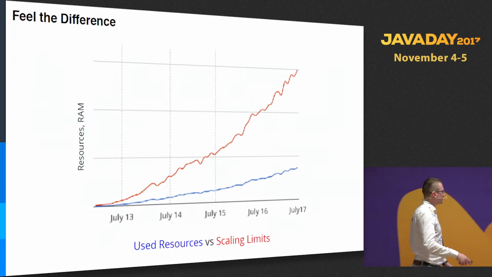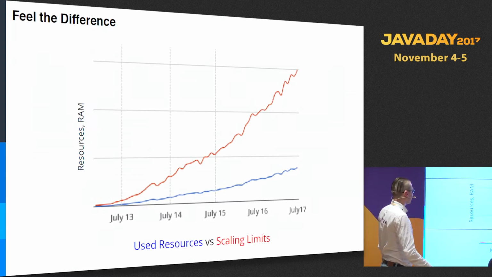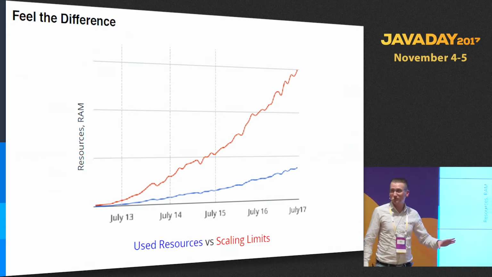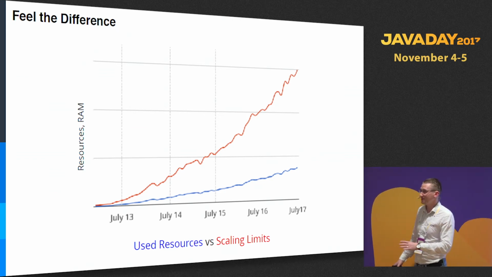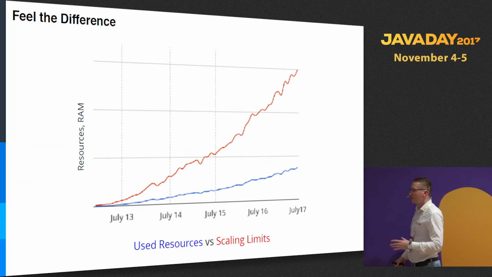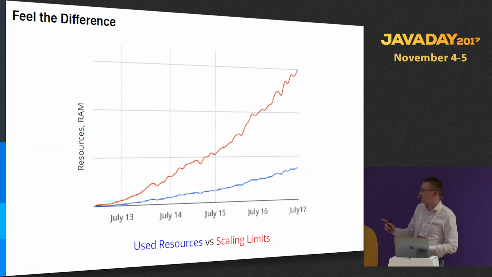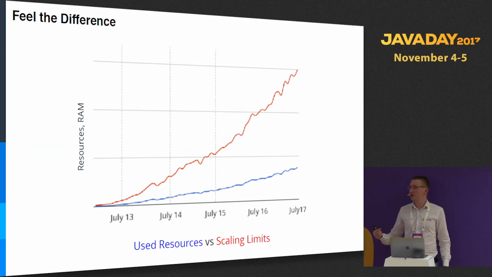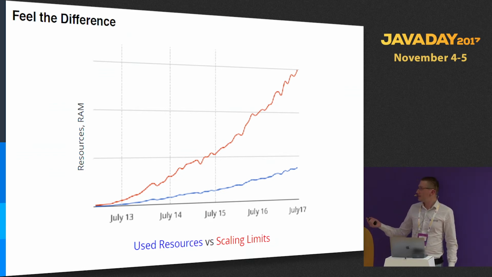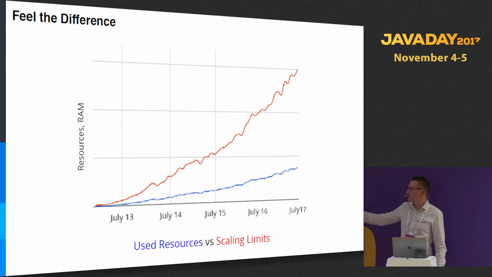And here is a graph from reality. In our company we do platform as a service for hosting service providers, and we checked what limit is set and how many resources are really consumed. The red line is the limit.